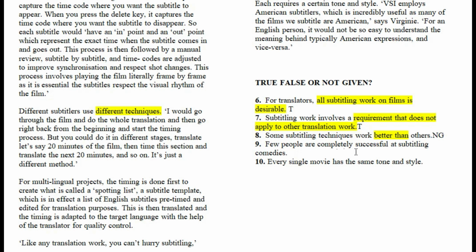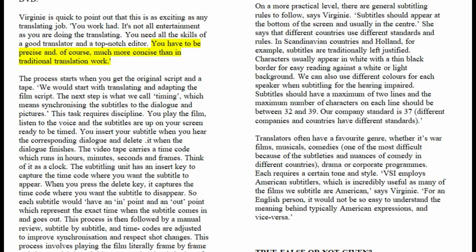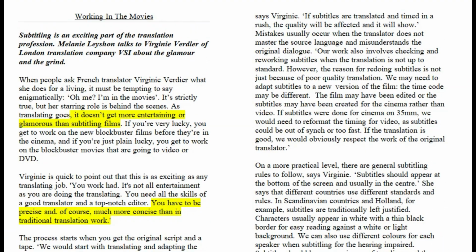Few people are completely successful in subtitling comedies. So, few successful. The key words here are subtitling comedies. So, okay, where can we find comedies? If you look through here, you can find the word comic, comedy, something like this. You need to find this word.